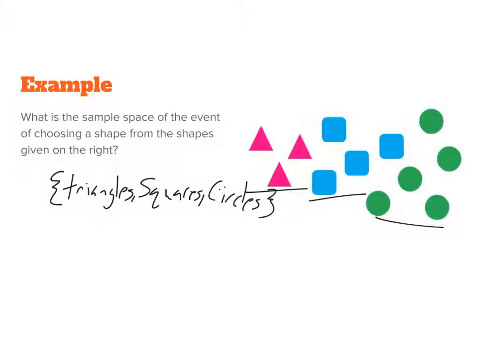And that's all that's in our sample space, because that's all that we have here. We've got triangles, squares, and circles. Okay? Even though there are 3 triangles, we only list it once. Even though there's 4 squares, we only list it once. 5 circles, we only list it once. Okay? Again, it only gets listed once in the sample space, regardless of how many there are in the total outcomes.